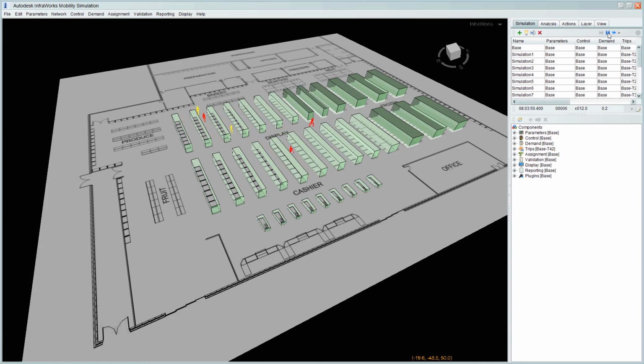So here we can see people entering the supermarket. Generally speaking, they are trying to stay a safe distance away. But what we will find is that without any infrastructure changes, we'll get bottlenecks, and this is where basically the network is failing, and we really need to do something about that.